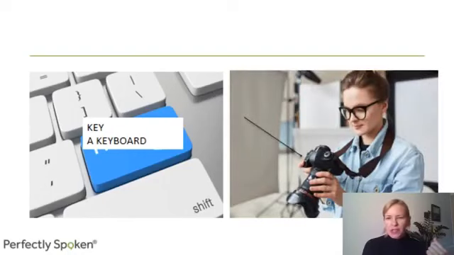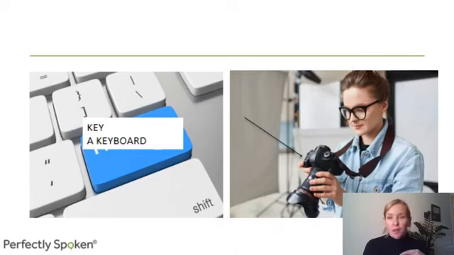You can see in this picture that on her camera, you see this arrow here. She has buttons on her camera, not keys. It's a little thing, but I hear people making this mistake quite often.